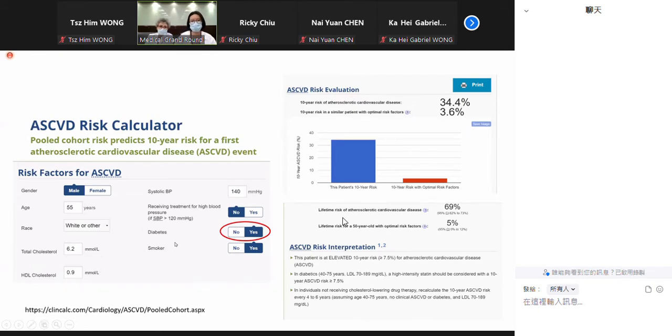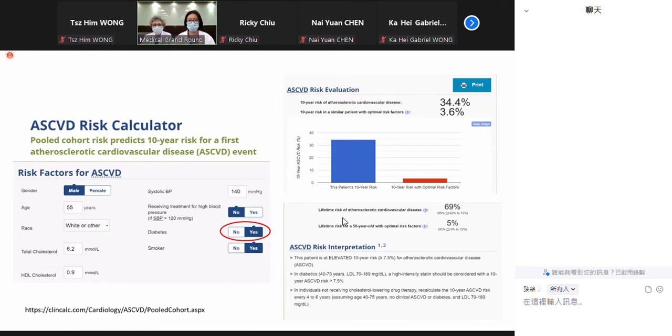So I would encourage you, when you encounter such a patient in your medical clinic, for example, then just a few quick minutes to identify the key input variables such as gender, age, the cholesterol, smoking status, and you can very quickly generate an ASCVD risk evaluation, which is informative for the patient as well as yourself.